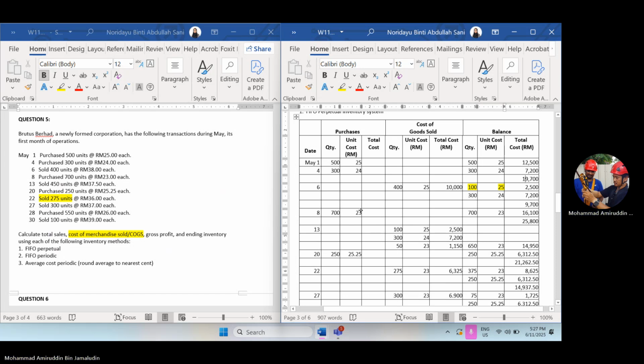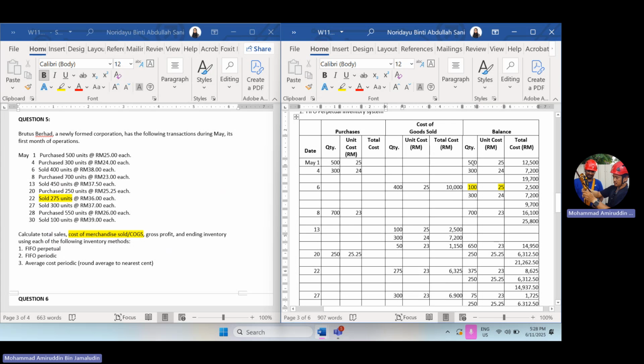Next. On 6th May, sold 400 units. So we sold, first in, first out. I need to use this one first, the 500. So 500, we just sold 400, so I write here 400. This is the cost, I take from here, because this one is sufficient for us to sell 400 units to our customer.